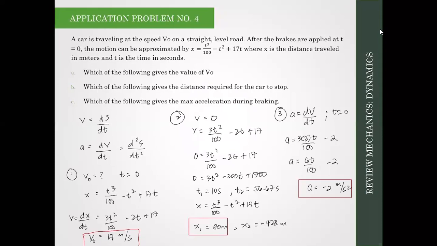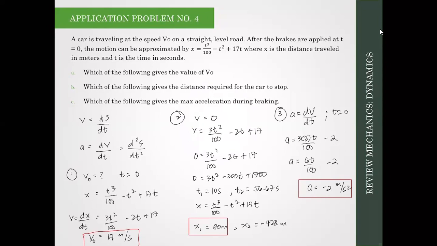Okay? So, ibig sabihin hindi laging by formula ng constant acceleration gagamitin natin sa problem. Depende sa given. So, there are cases that function yung binibigay sa atin. So, we need to know how to calculate also problems involving this kind of questions. Okay?